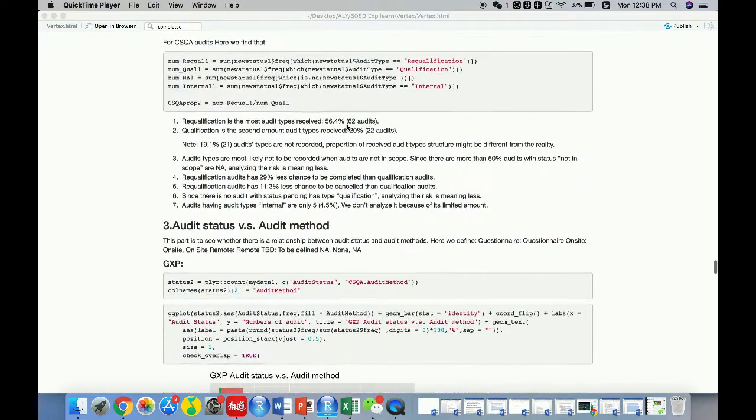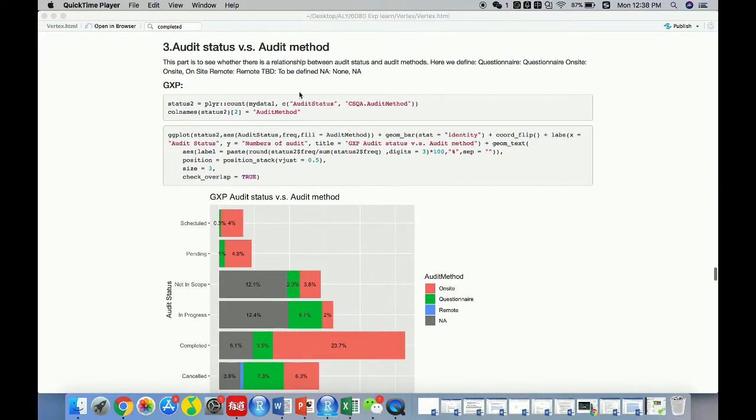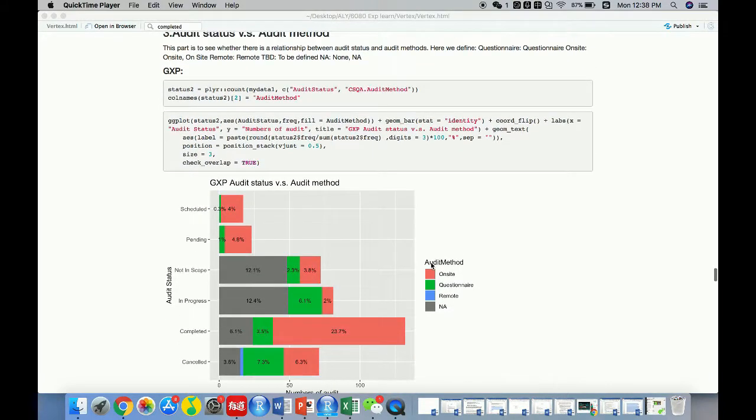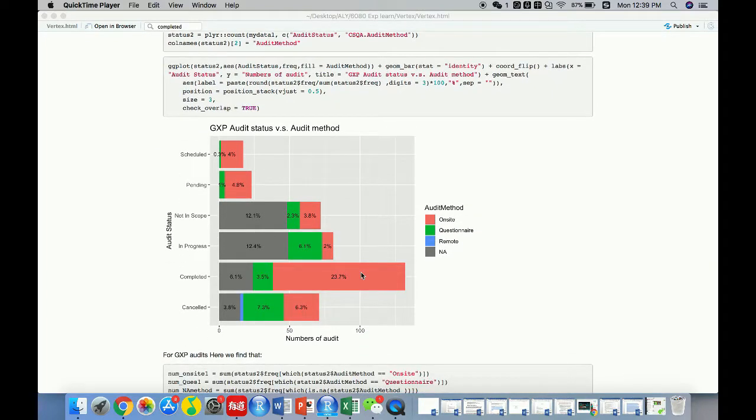For the next part, I analyzed the audit status versus audit method. For this part, there are also missing NAs in GXP audits. But for the two important angles, complete and cancel, the NAs are not that many, so this information can still be very useful.